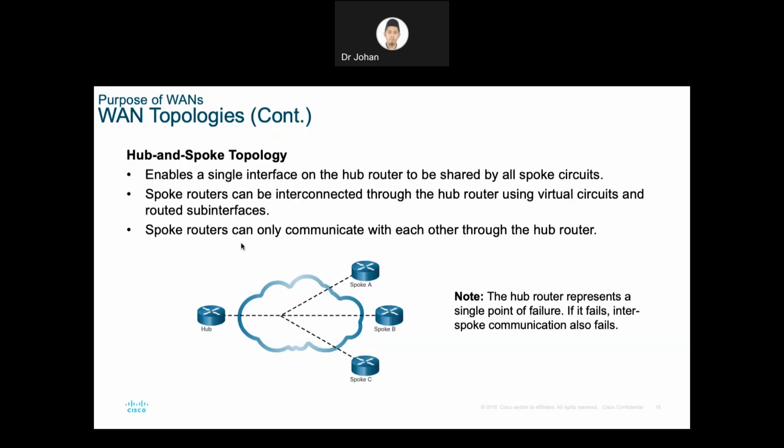The hub router represents a single point of failure. If it fails, inter-spoke communication also fails.